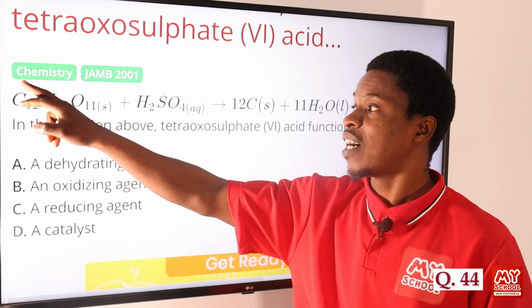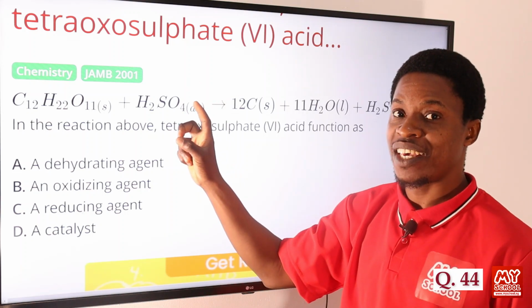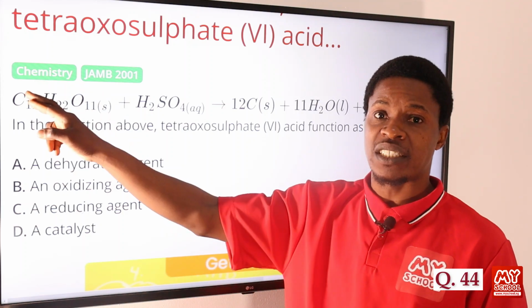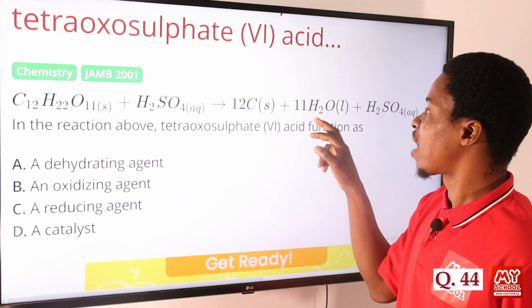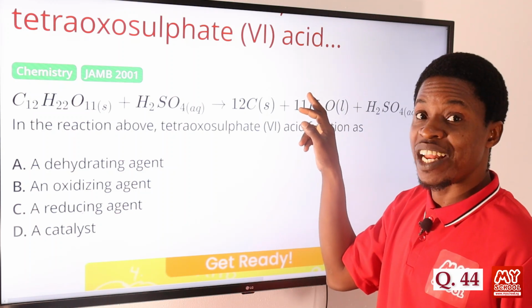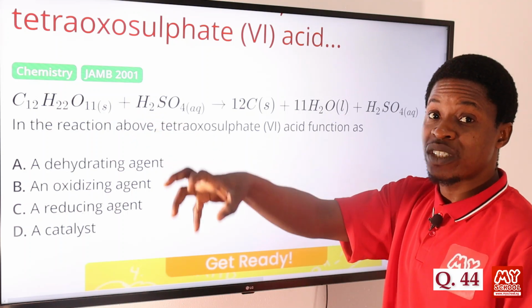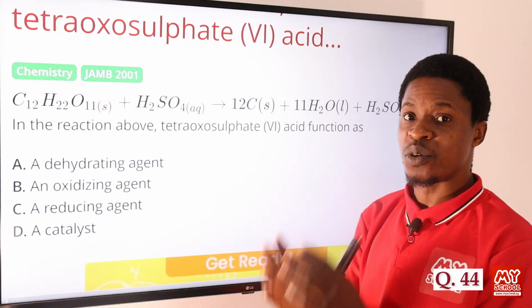If you react it with concentrated H2SO4, what happens is that it's going to dehydrate and remove water from this. That's why you see the product we have, the water, 11 moles of water is removed from this. So water is dehydrated, it's removed from this. So of course, it shows that it is dehydrated.